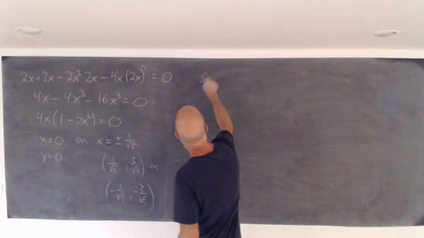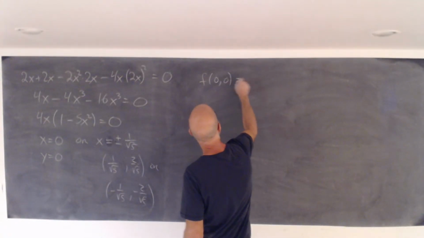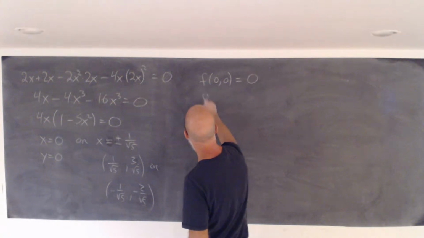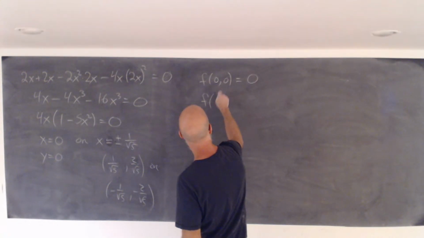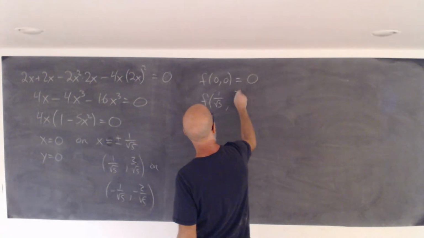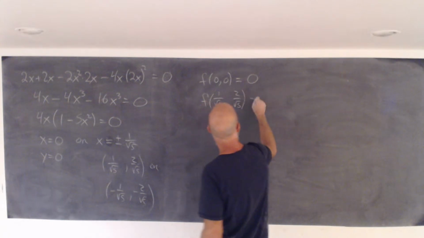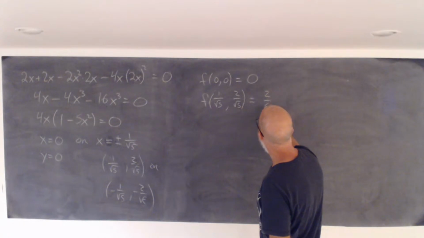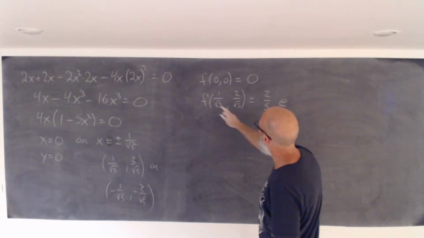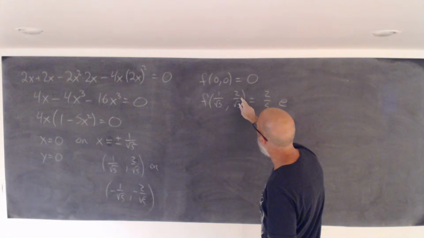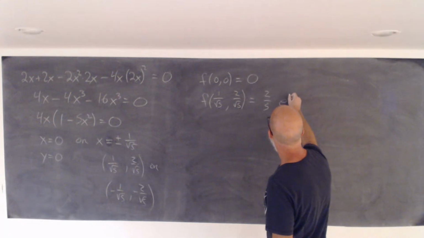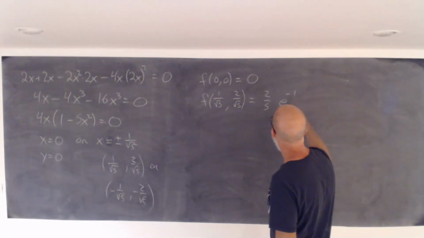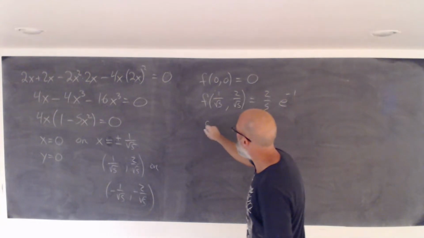And f at the origin turns out to be 0. F at the point 1 over root 5, 2 over root 5: that was xy, so 2 over 5, e to the negative of this squared plus that squared, so e to the negative 1.